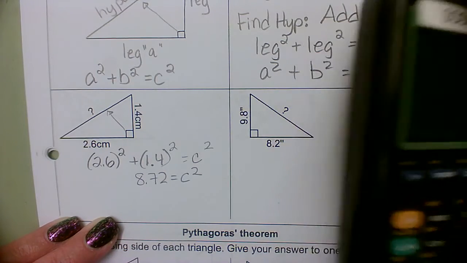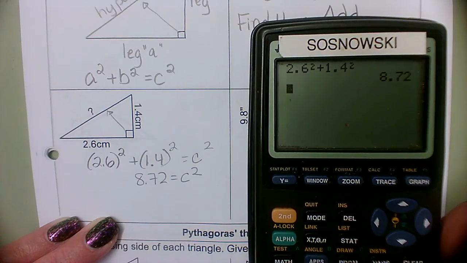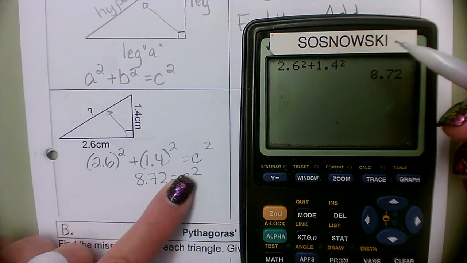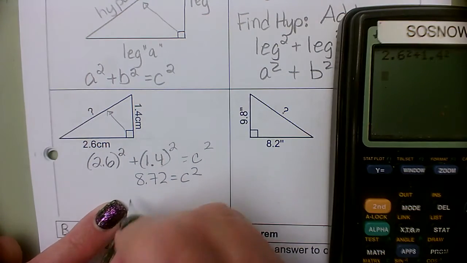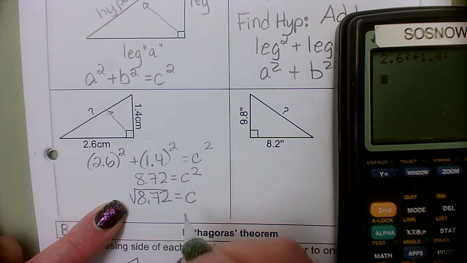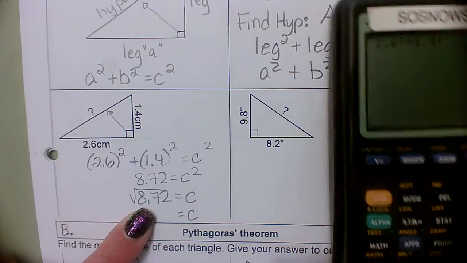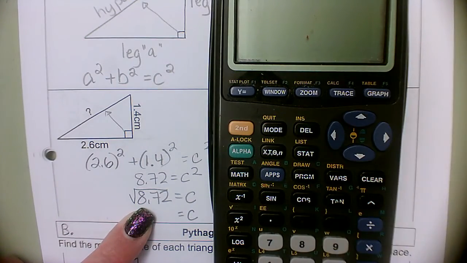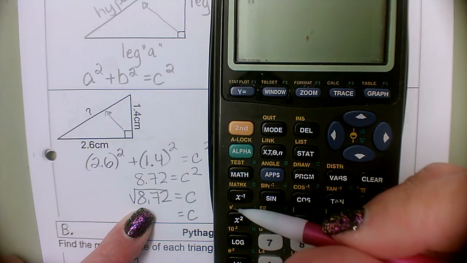Now that's not the length, that's the side squared. So how do I get rid of a square? I'm going to square root it. I square root my 8.72, and that will give me my c value. Square root is the second function, the square root button right there.